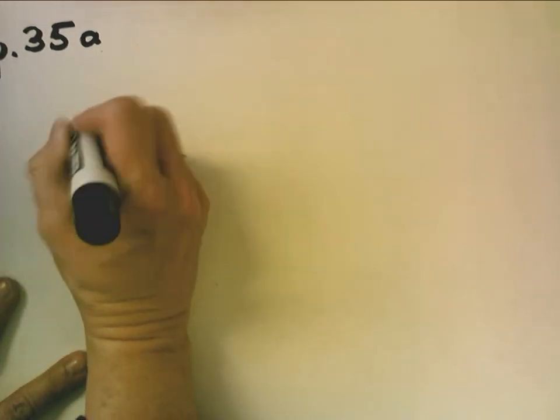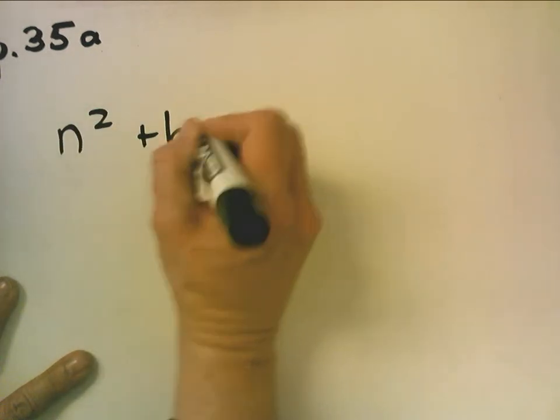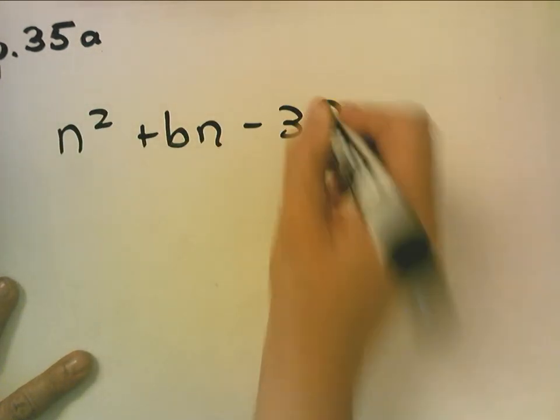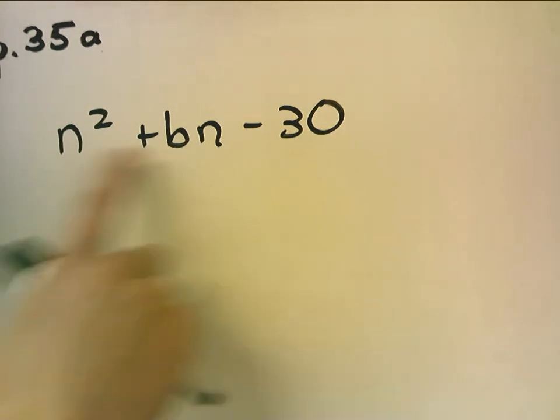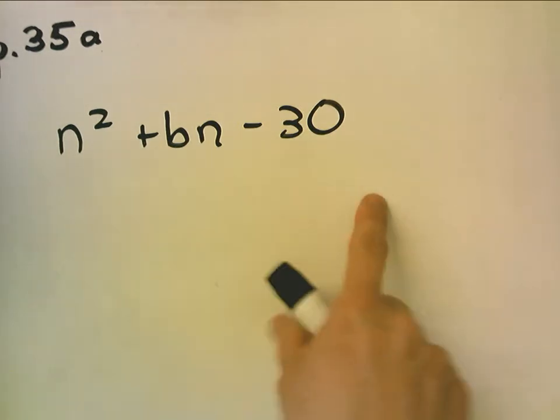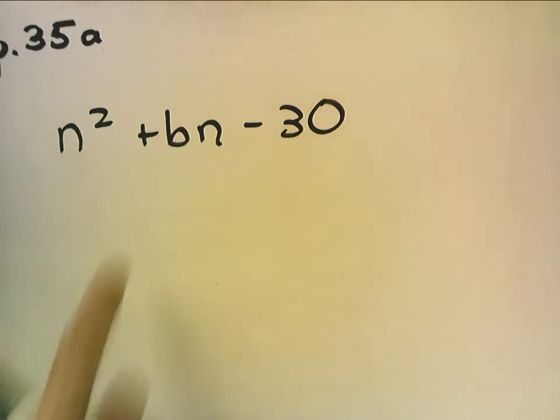The last thing we're going to do is go over a type of problem that says, find all the values of b for which this trinomial can be factored using integers.